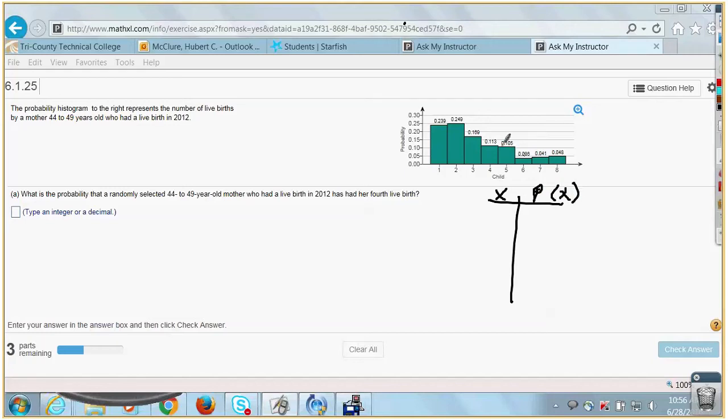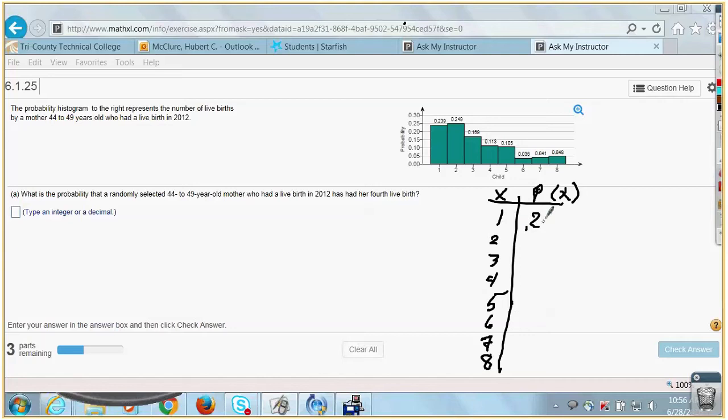Well, this is the same thing. You just write 1, 2, 3, 4, 5, 6, 7, and 8. And then you write down the probabilities.